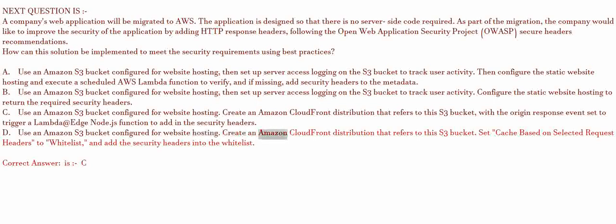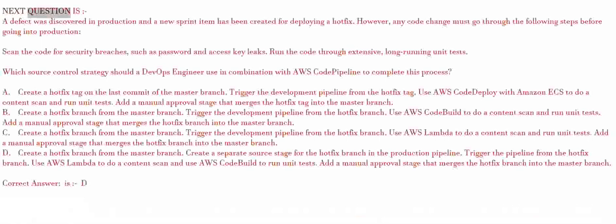Create an Amazon CloudFront distribution that refers to this S3 bucket. Set cache based on selected request headers to whitelist, and add the security headers into the whitelist. Correct answer is C.